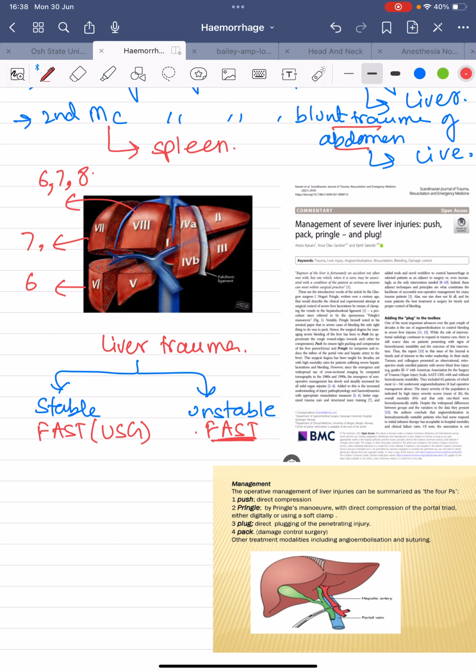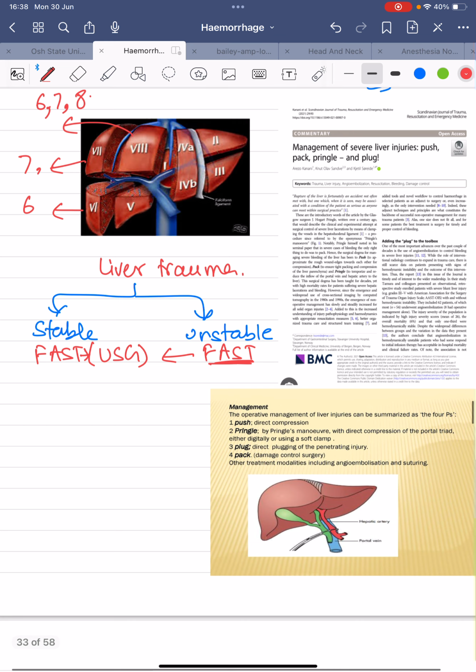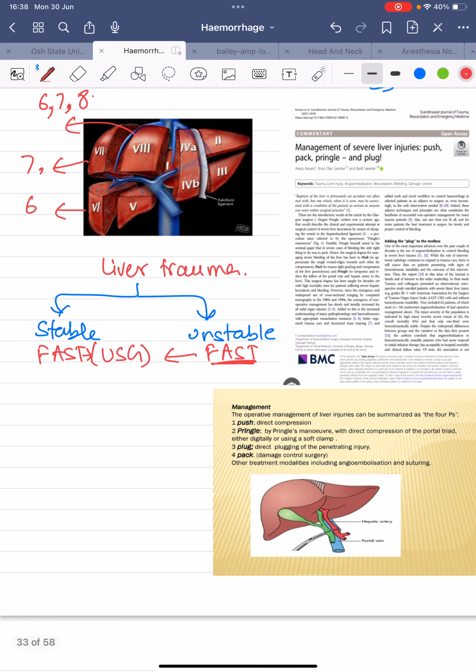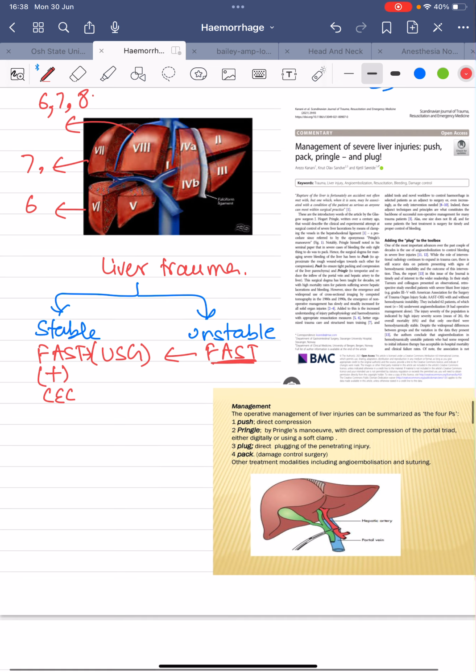In both conditions you must perform FAST or ultrasound and look for any bleeding around the liver. For example, if the patient is stable and FAST becomes positive, then you must go for CECT, and CECT will tell you the grading, and according to the grading you must perform angioembolization or exploratory laparotomy.